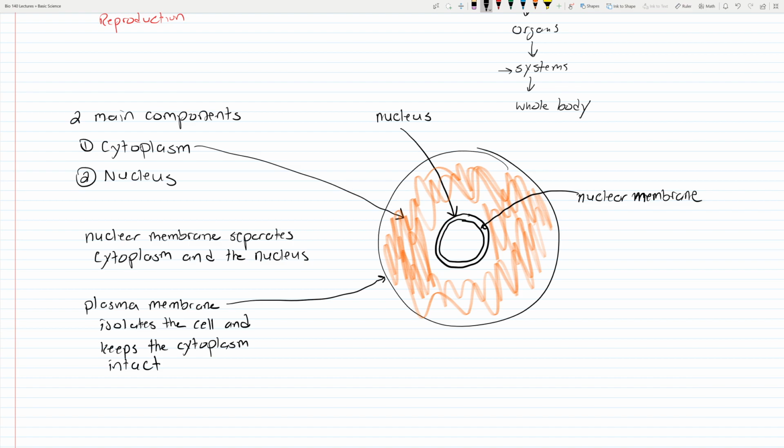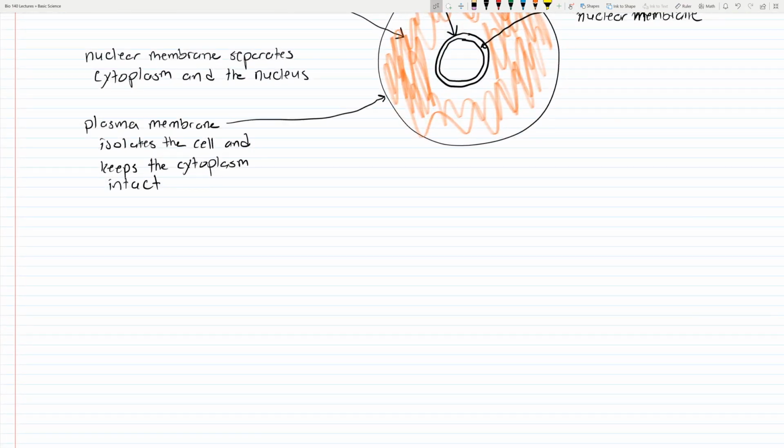All right, so now we're going to talk about the cytoplasm a little bit. So the cytoplasm, we've already said, it contains all the stuff. I used that technical term, stuff, inside the cell and outside the nucleus.